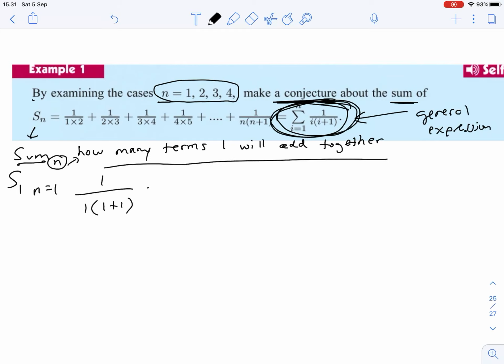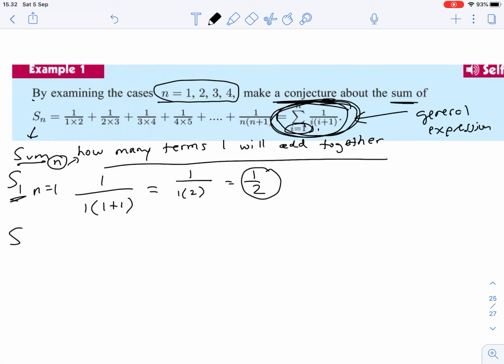Well, what's the first term? That's all we have to figure out. The first term is i equals 1. I'm putting 1 into the i's of this expression. Then I'm going to evaluate here. That's 1 over 1 times 2, which is 1 over 2. So this is my first term, but it's also the sum of my first terms.